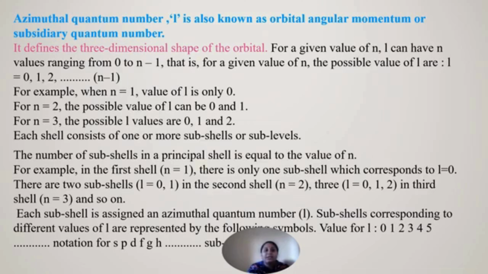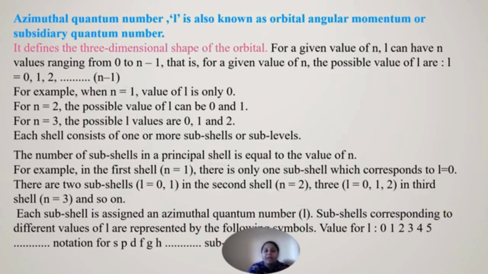Each subshell is assigned an azimuthal quantum number, and the subshells corresponding to different values of L are represented by the following symbols. The values for L are 0, 1, 2, 3, 4, 5, corresponding to the subshells.